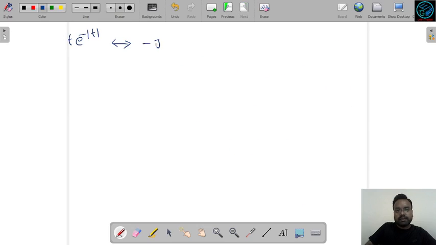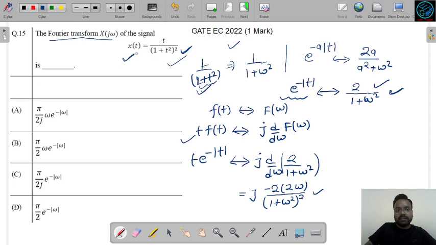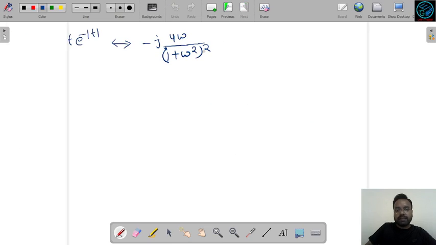That is minus j 4 omega upon 1 plus omega square to the whole square. Now you can compare with the given signal x(t). Here in x(t), we have t upon 1 plus t square to the whole square. So how to obtain this signal? Just when we replace omega with t, we will get the signal t upon 1 plus t square to the whole square.